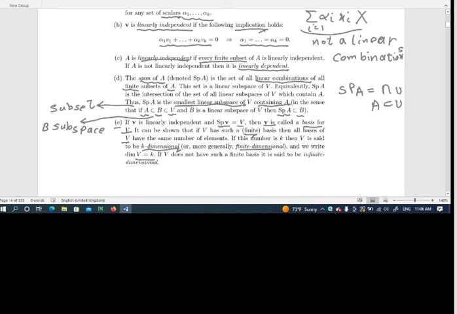If there is no such finite basis, we say that V is infinite dimensional.